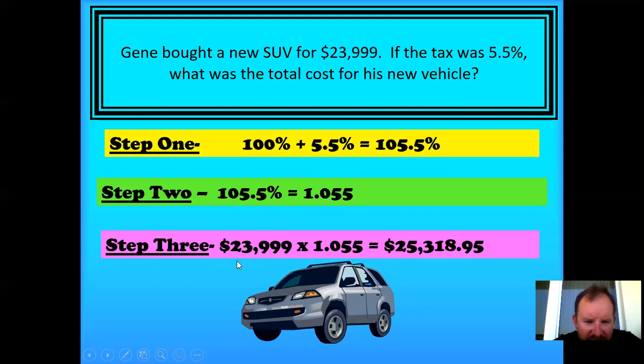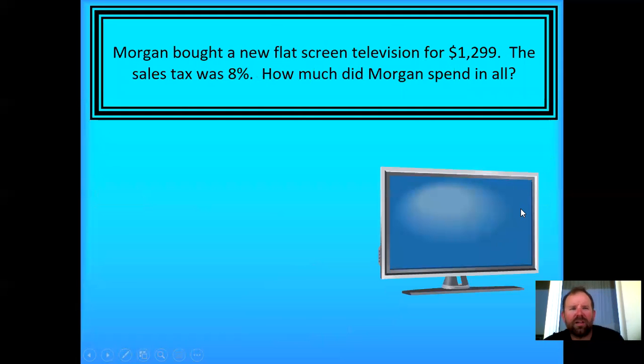And I'm going to multiply that times my $23,999 for the cost of the car. So with doing that, when I multiply it out, my final cost of the car will be $25,318.95 with tax included.